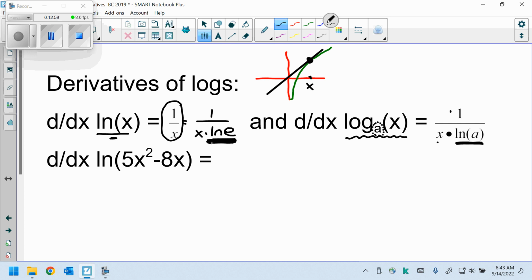Now things get slightly more complicated when you introduce parentheses, but when you're asked to find the derivative and parentheses are involved, what are you going to use? Yeah, from back in section 2.5, that's the chain rule. And so the derivative of the natural log of something, I'm always going to say that it is the derivative of the something divided by that something.